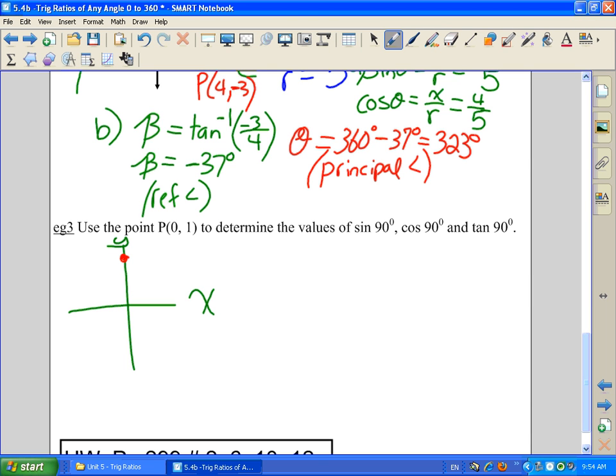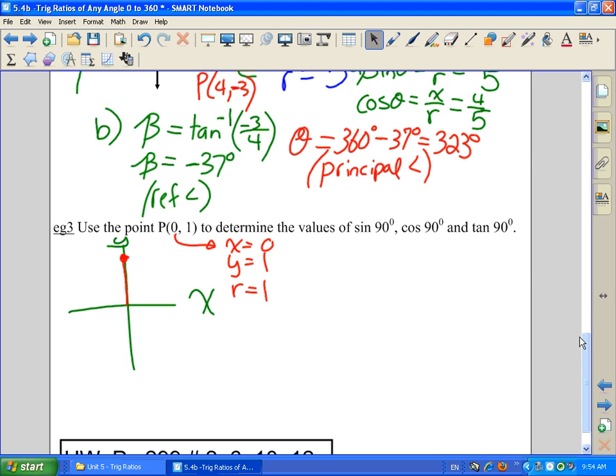So if I draw a line down, there's a couple things I can figure out. First of all, because I've got my point there, we know automatically that x equals 0, y equals 1. But what's my radius have to be, guys? It's the distance from my point to the origin. We also know that r equals 1.